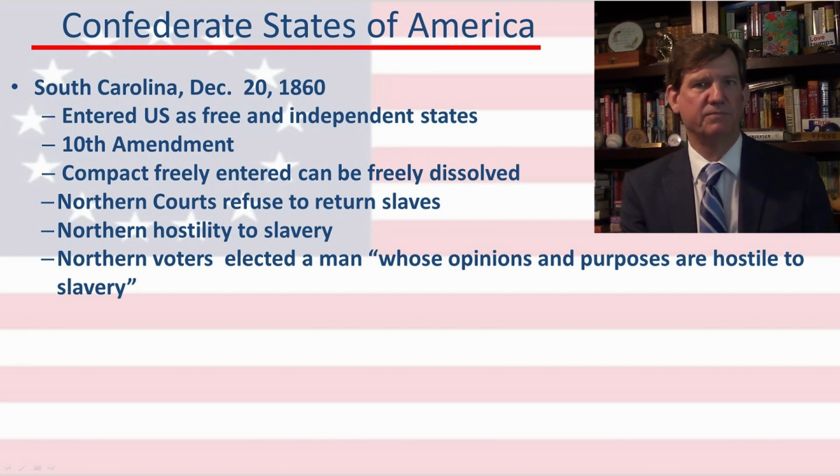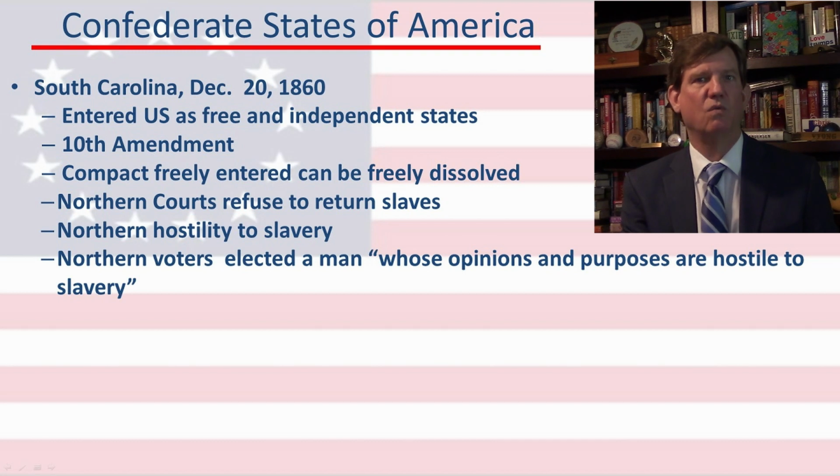States like New Hampshire had free societies. When an escaped slave returned to New Hampshire, the state of New Hampshire refused to use its state offices to return slaves. It was its state's right.